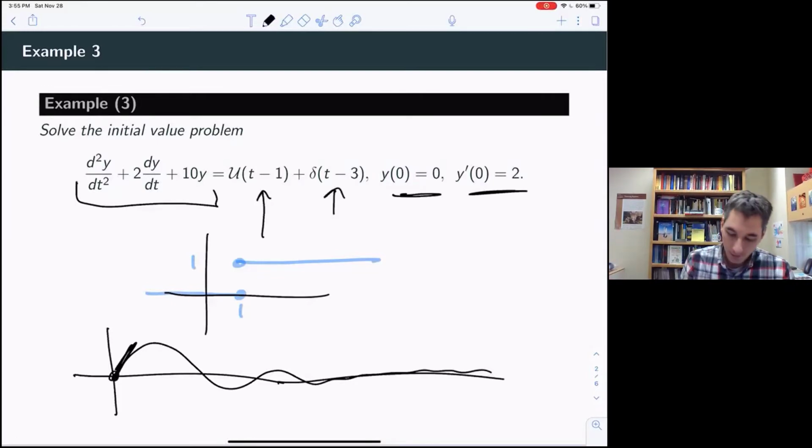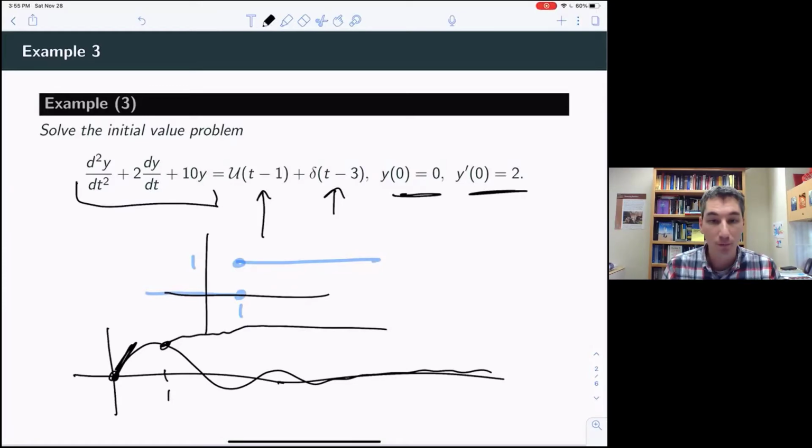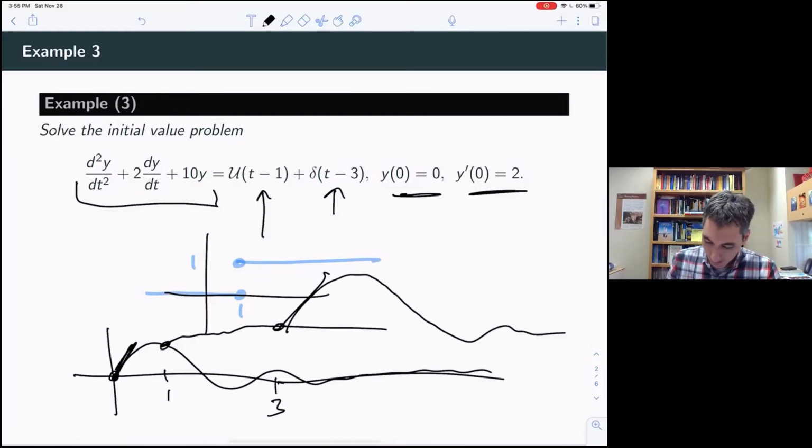That's not what it's going to do, though, because starting at t equals 1, you're going to start pushing it. And so it's going to try to level off at some constant value in response to that forcing term, depending on how strong that force is. And then at 3 seconds, when you're thinking you're going to level off, you're going to change its velocity, and then it's going to probably oscillate back down, settling in at wherever the response to the forcing term is. Right, because you've got a constant external force happening.